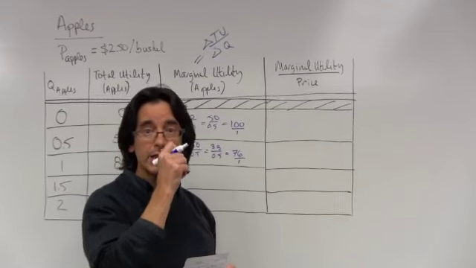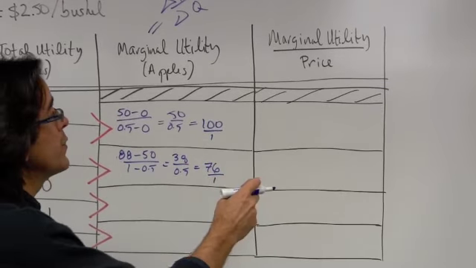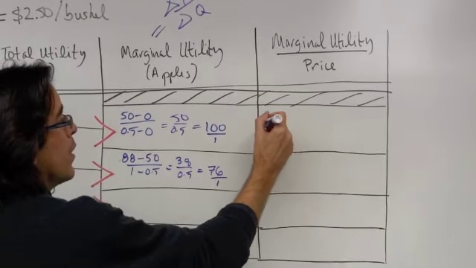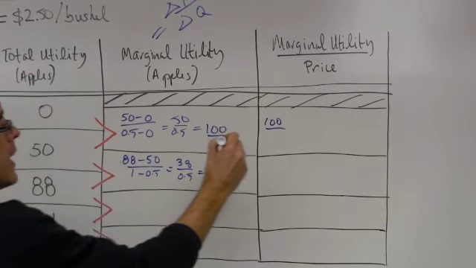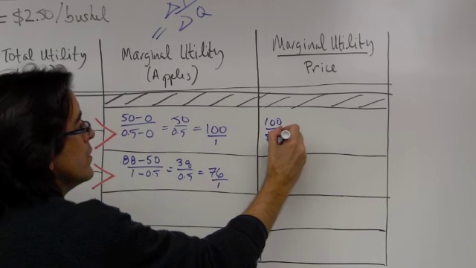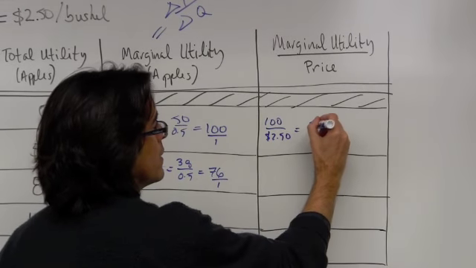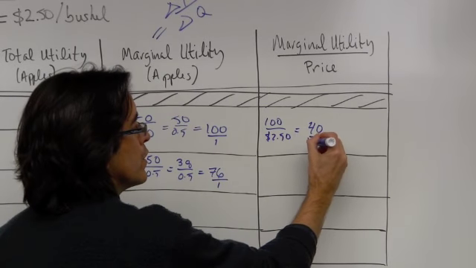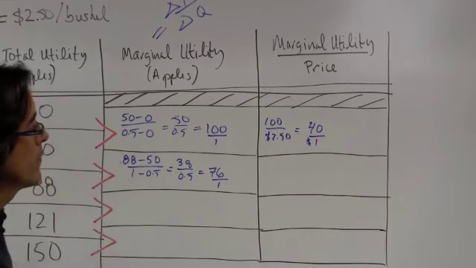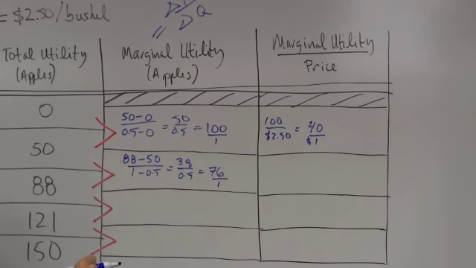So let's do the calculation first, and then look at what it means. This is a pretty straightforward calculation. We're just taking that marginal utility and dividing it by the price, $2.50. If we do the calculation, the value is 40, and I'm going to say 40 over $1. We'll do the second calculation of marginal utility to price.